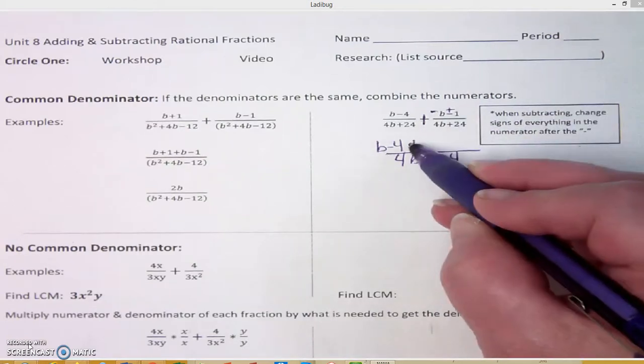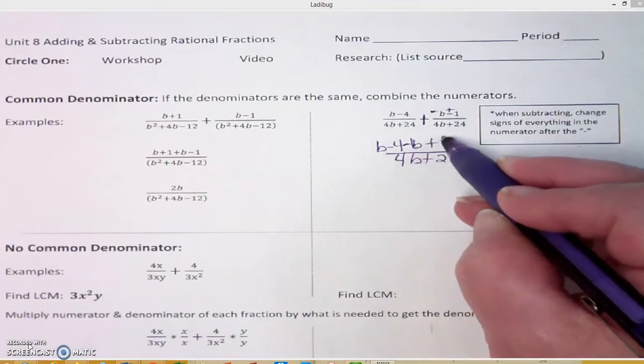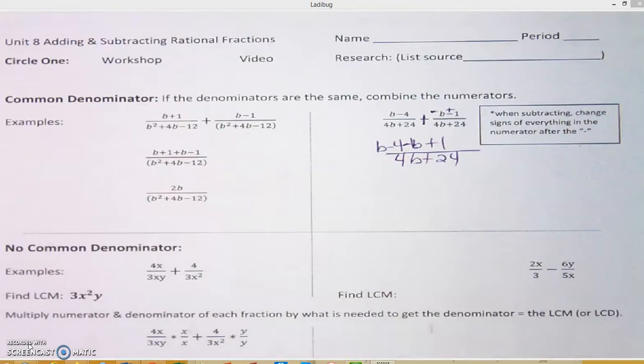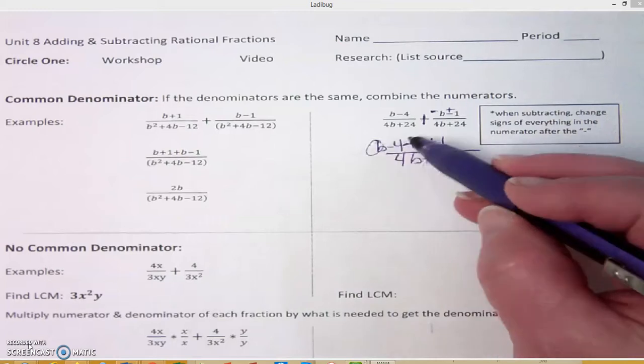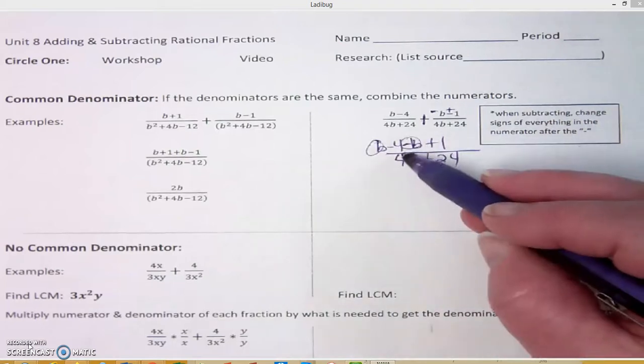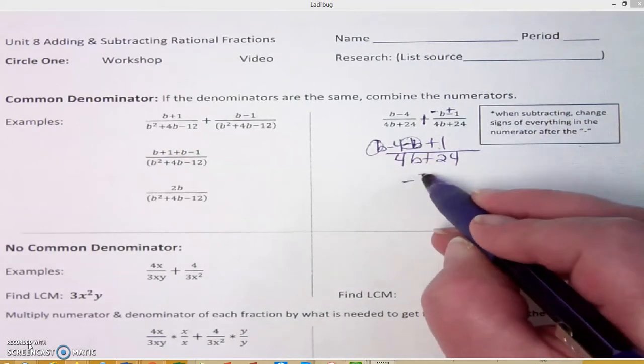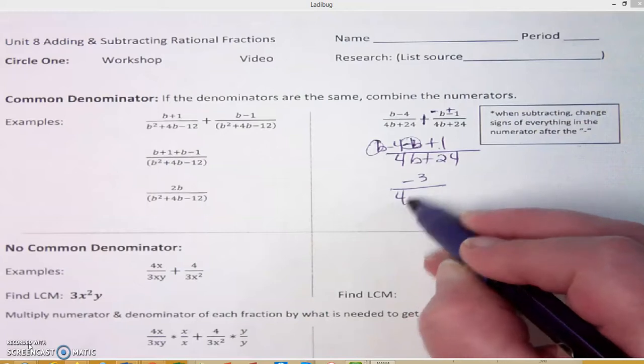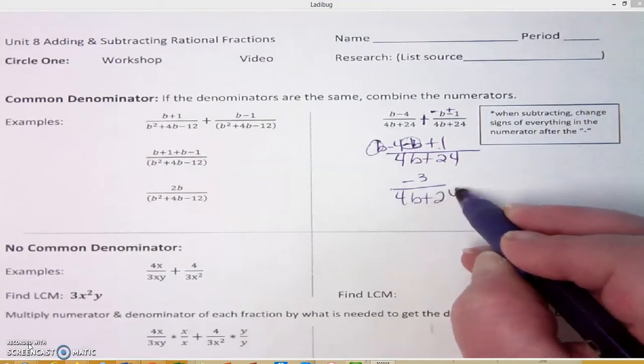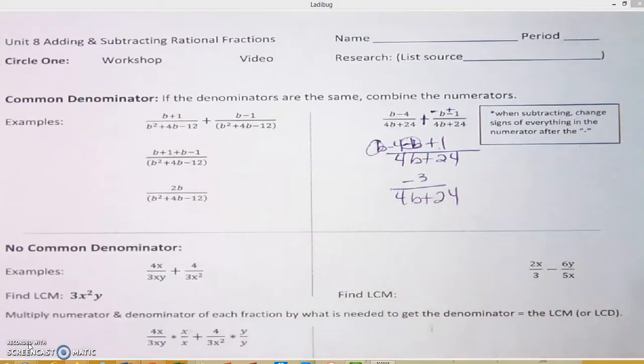So I'm going to have a minus b and a plus 1. When I combine my b's, they're going to cancel out. b minus b gives me 0, and then negative 4 plus 1 gives me negative 3. Negative 3 over 4b plus 24. And that is your answer.